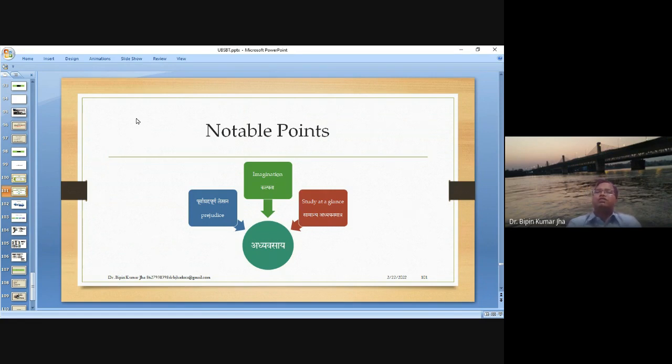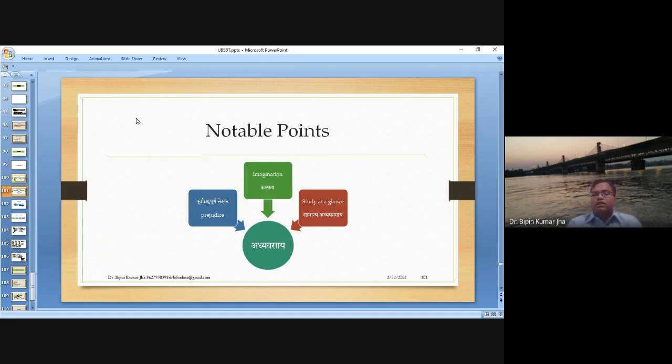Or you are just reading one or two chapters, sarg, and you are saying that in this text such things are there, or you are just quoting one or two slok from that text, and you are saying that I have studied this. So we need to avoid such tendency.